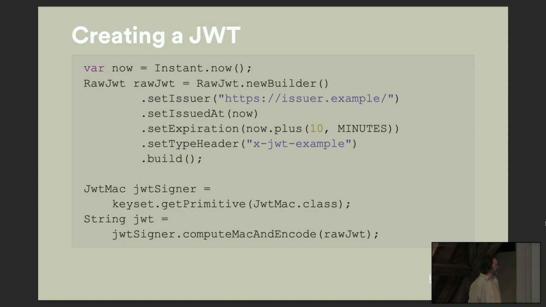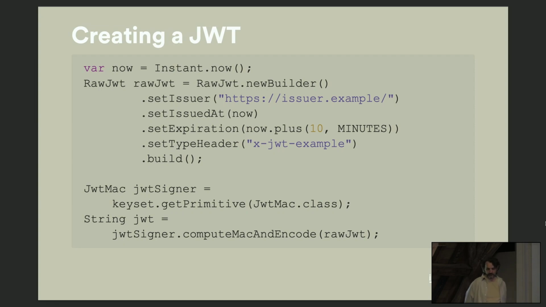And so Tink provides this kind of builder pattern where you can create those claim sets, and if you don't set an expiration, then by default it will reject it and say, well, maybe you should, and you have to call a method saying you definitely don't want an expiration time if you don't want that. And this raw JWT that it returns, you can't really do anything with that.